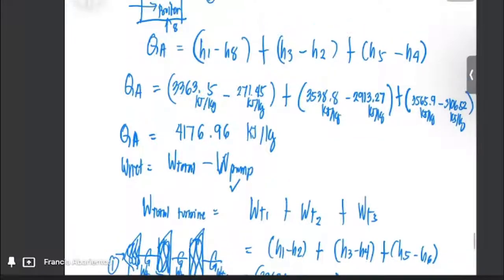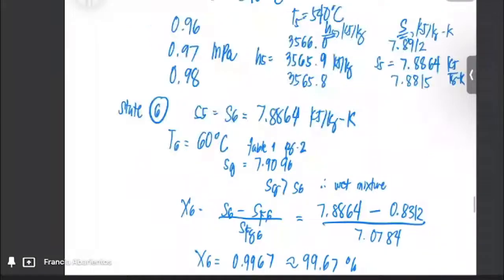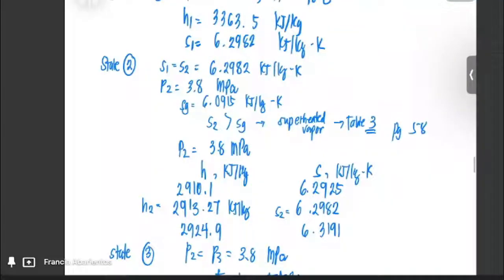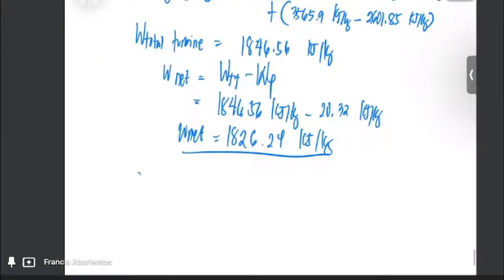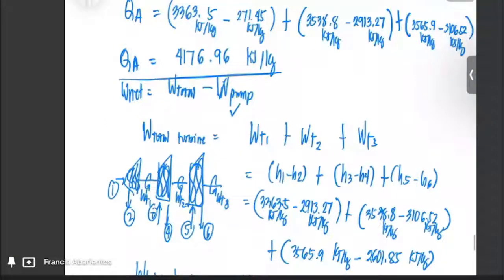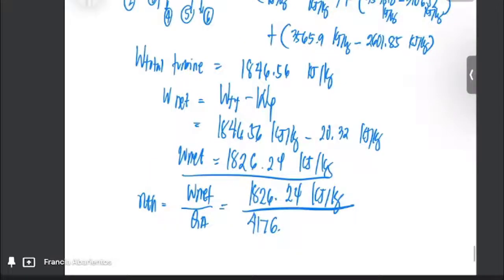So, finding for the cycle efficiency. Ilan yung pinapahanap dito, class? QA, work net and the thermal efficiency. For the thermal efficiency, we have now the work net over the heat added. What is now the efficiency of these two stages? 1826.24 over 4176.96.